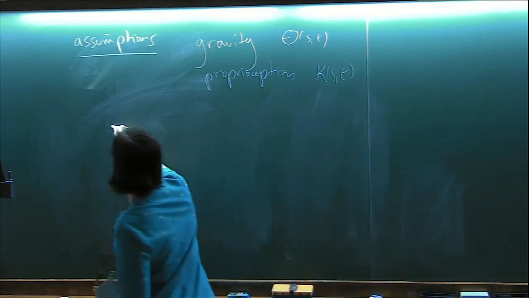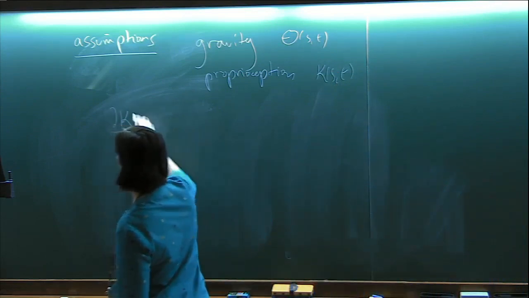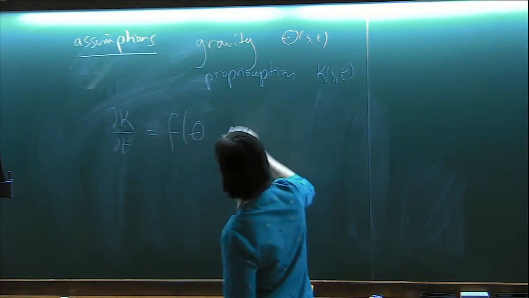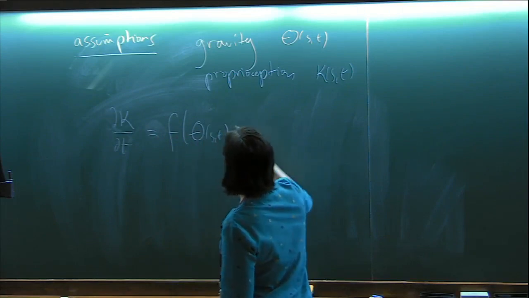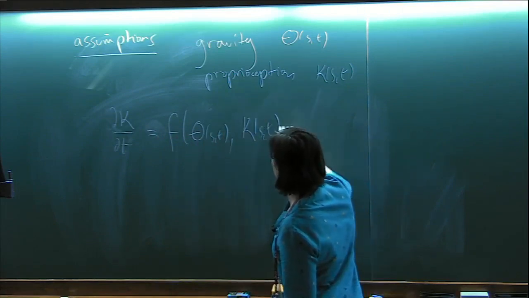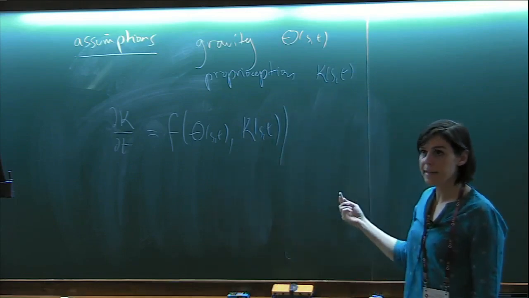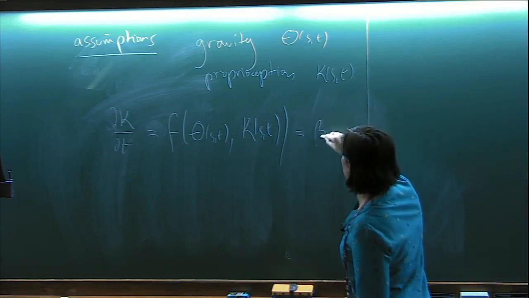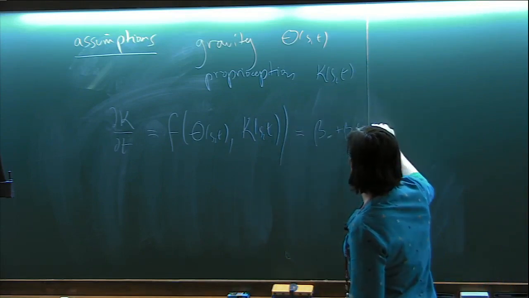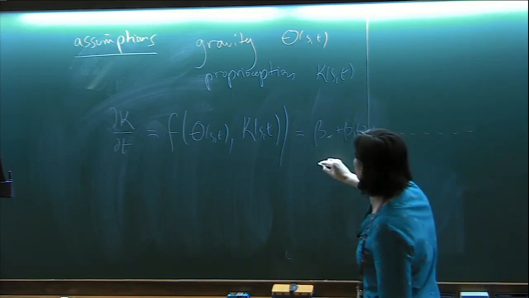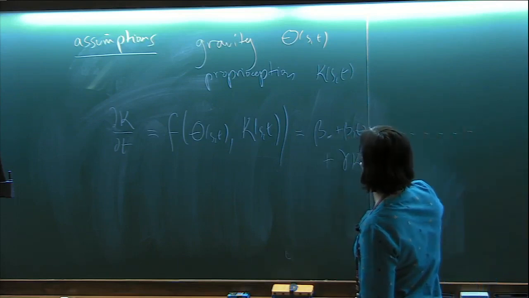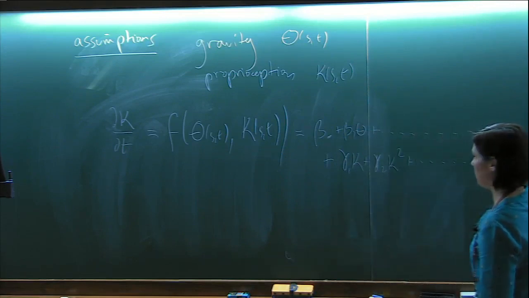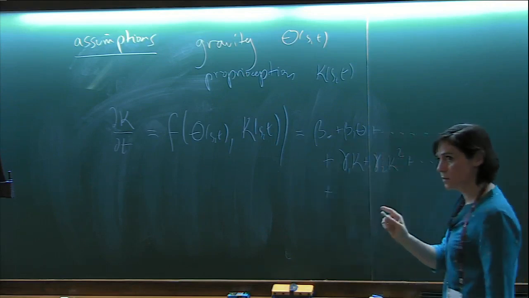So now, as we did before, d kappa dt, the movement, will be some function of both theta, which is gravity, and kappa. Again, I can expand this, so I have, like before, beta 0 plus beta 1 theta plus all the powers, plus gamma 1 kappa plus gamma 2 kappa squared plus and so on, and all the combinations in between.